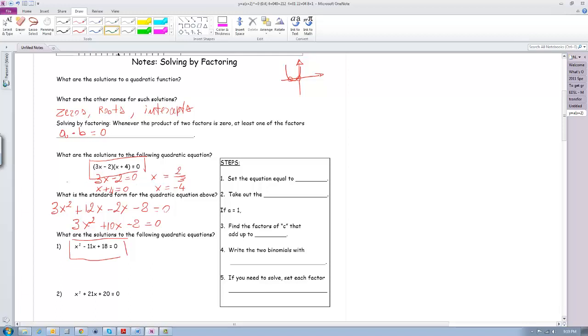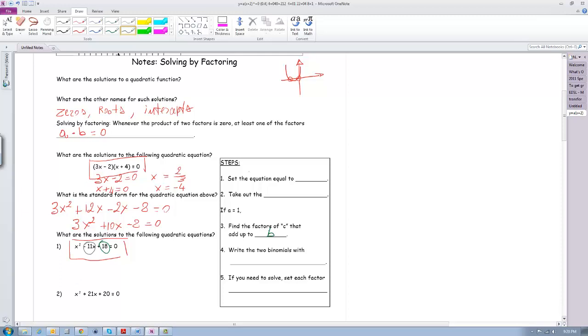First of all, to factor, as you can see in the steps here, we need to factor this trinomial. We need to find the factors of c that add up to b. In this case c is 18, and b is minus 11.